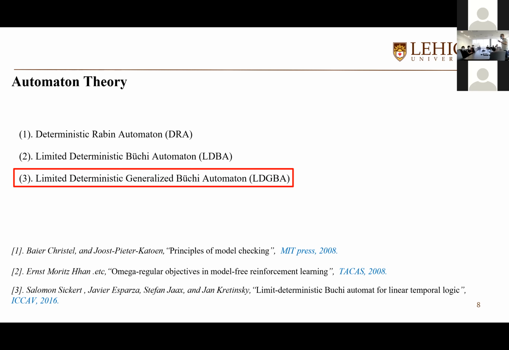But for model checking, there exist several automaton structures. Based on my literature review, the limit-deterministic generalized Büchi automaton, LDGBA, will be the best choice because it has more destinations, which means we can assign a denser reward compared with others.